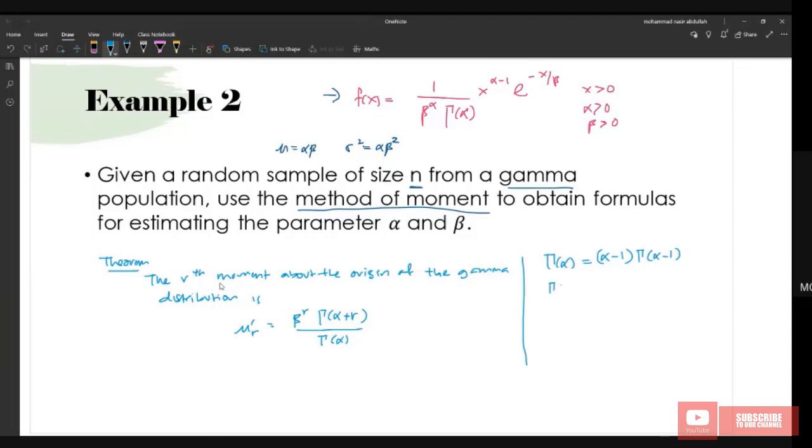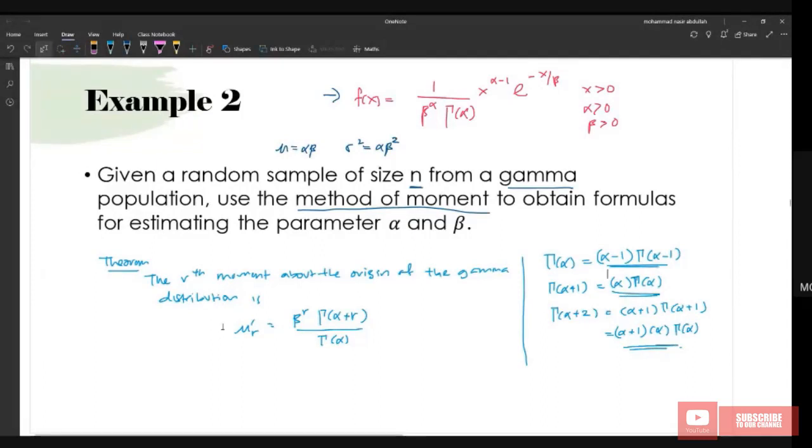So gamma alpha plus 1 is equal to alpha gamma alpha, and gamma alpha plus 2 is equal to alpha plus 1 gamma alpha plus 1, which is equal to alpha plus 1 alpha gamma alpha. This is what we learned in KMT 211.